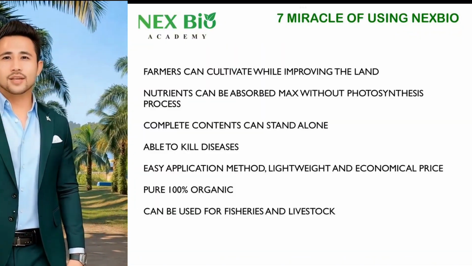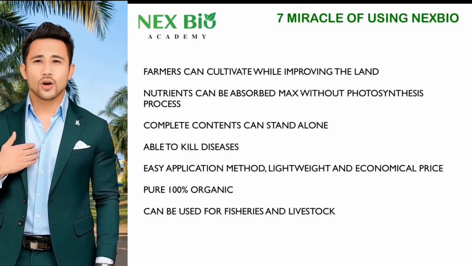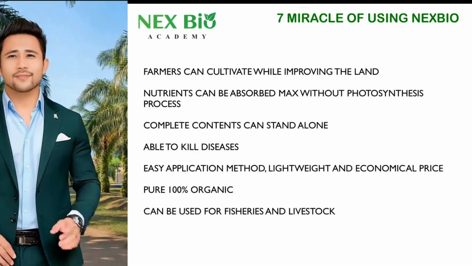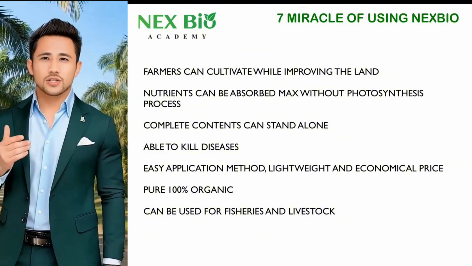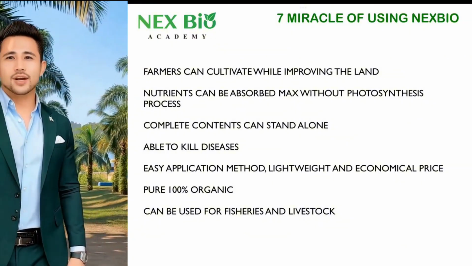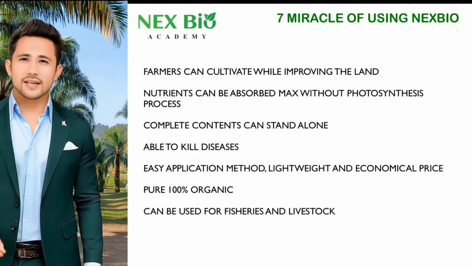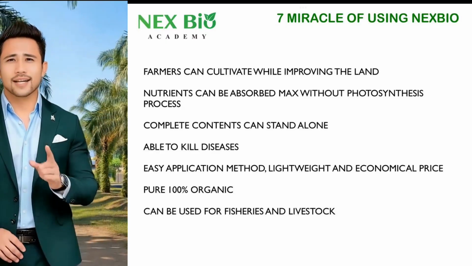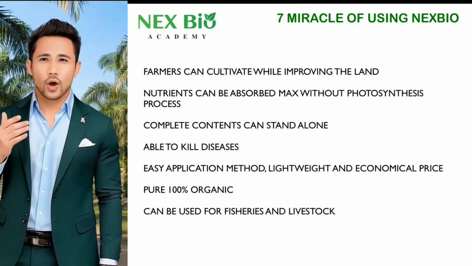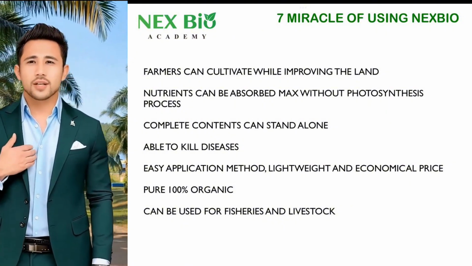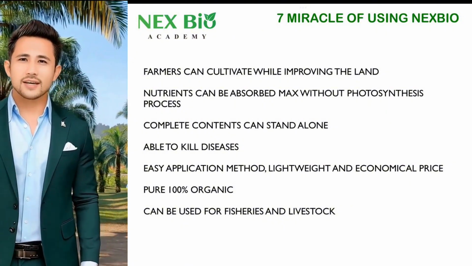So the last one, these are the 7 miracles of using Nexbio products. The first, farmers can cultivate while improving the land. The second, nutrients can be absorbed maximally without the photosynthesis process. The third thing is it contains complete contents, so it can stand alone.